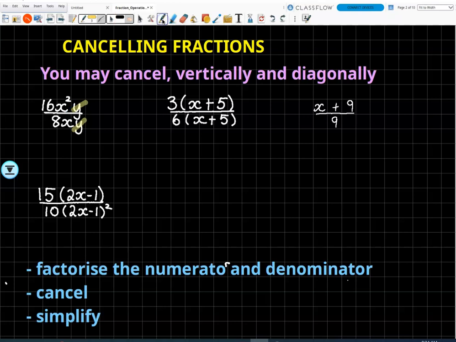So remember, if I've got x squared divided by x, that becomes x times x over x, and they cancel, so I'm left with x. So I can now cancel that squared with that x, and then what happens with the 16 over 8? 2. Correct. So this becomes 16 divided by 8 is 2x. Done.